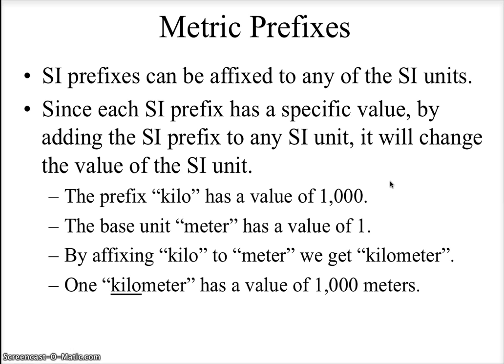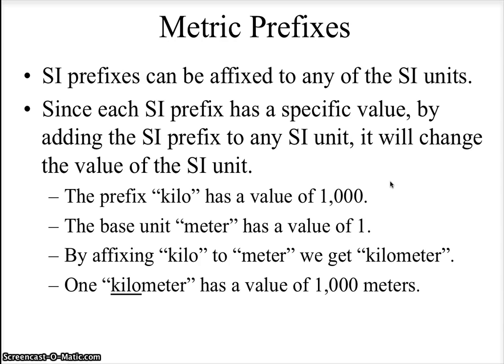Now, for every single unit, to give the unit a little more value or distinction, or a better way to categorize it, we have metric prefixes. And just like in English, a prefix is a part of a word that goes in front of another word.